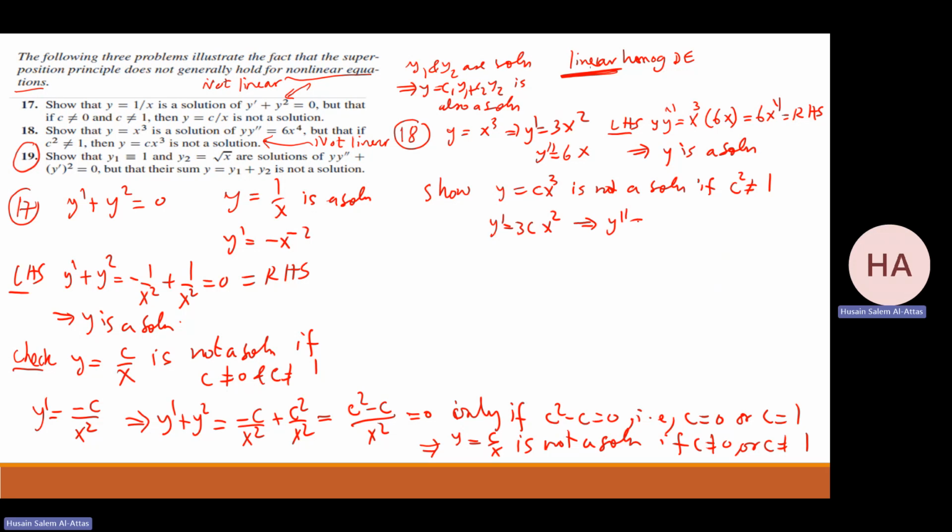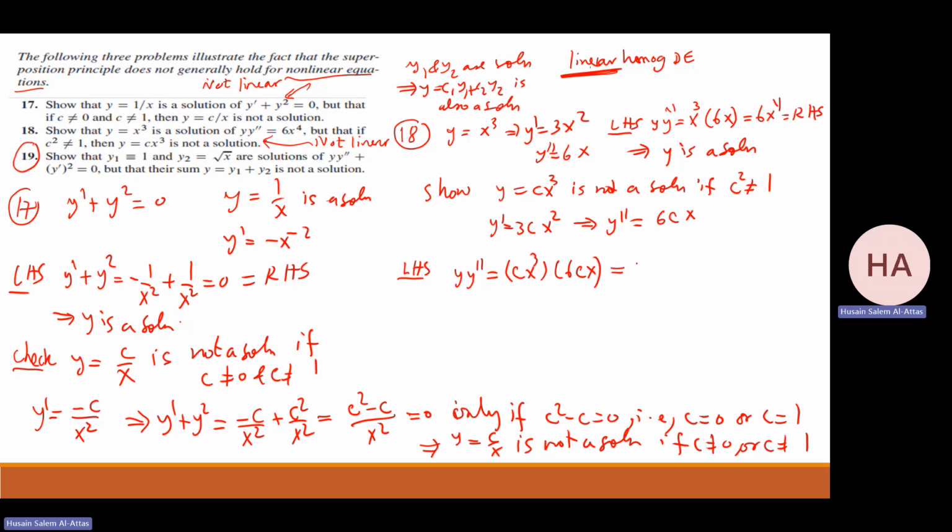Y double prime will be 6cx. Okay, left hand side, I have what? Y times y double prime will be what now? Cx cubed times 6cx.